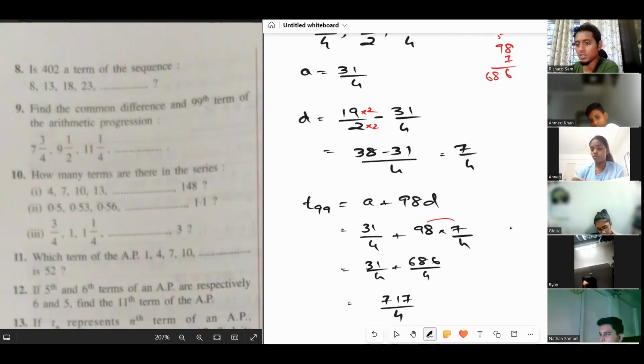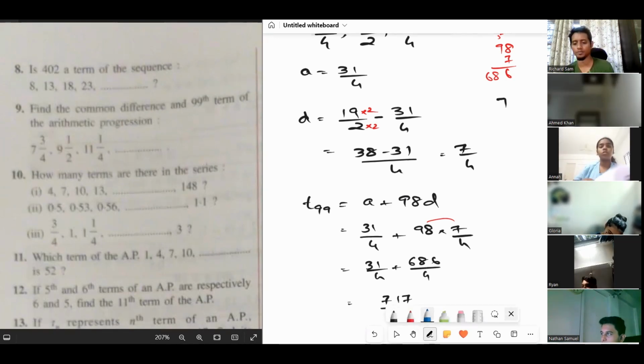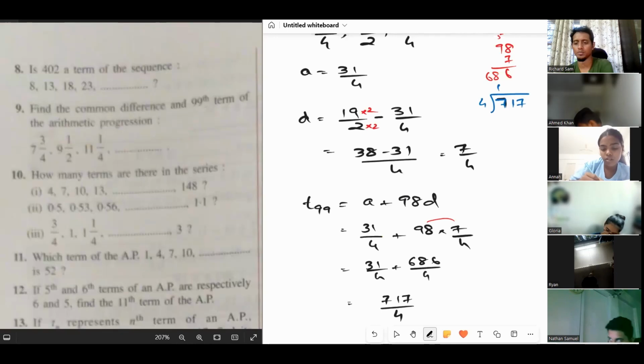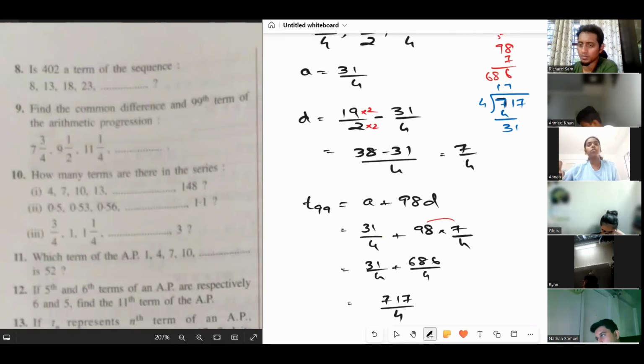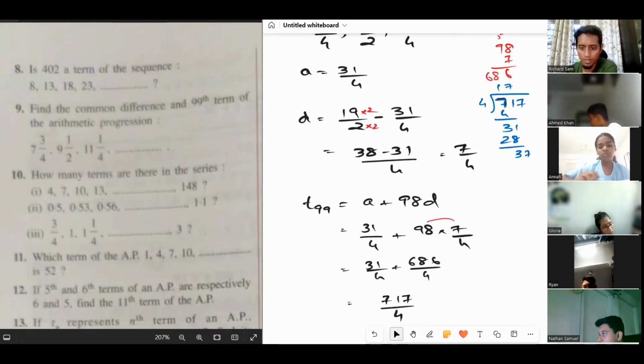Now that is improper. Convert that to a proper fraction. Oh, no, it should be 715. 8 sevens are 56.